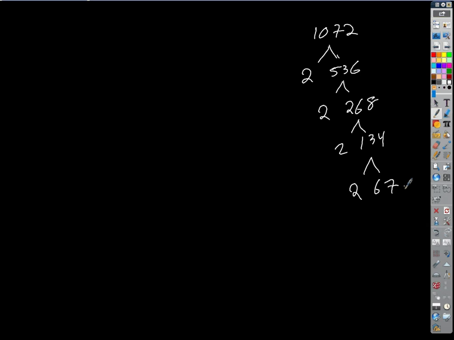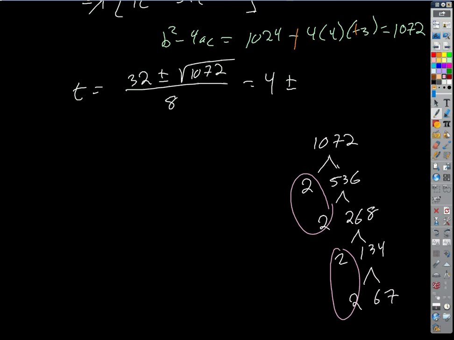And then 67, I bet we're stuck there. I'm guessing 67's gotta be prime, huh? Yeah. Okay. So then look, we get a couple of twos, single 67, so that's gonna give me plus or minus 4 outside times the square root of 67 inside over 8, 4 over 8 reduces to 1 over 2.